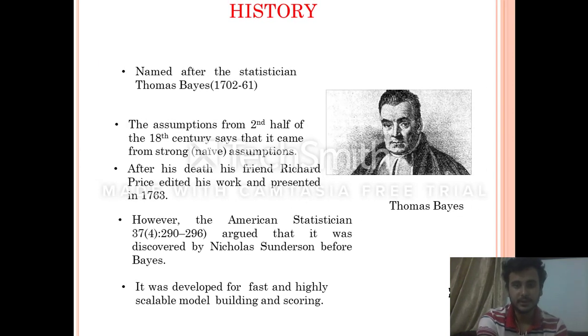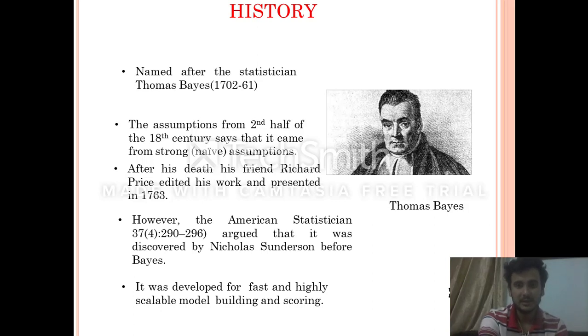Let's move to the history of Naive Bayes algorithm. It was named after statistician Thomas Bayes, 1702-61. The assumption from the second half of the 18th century says it came from strong naive assumption.